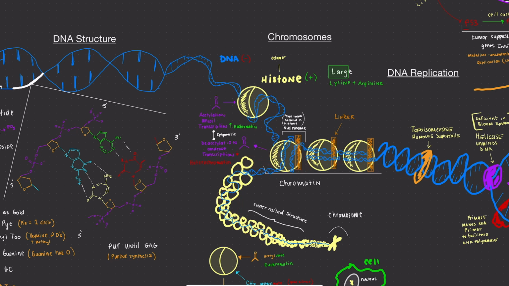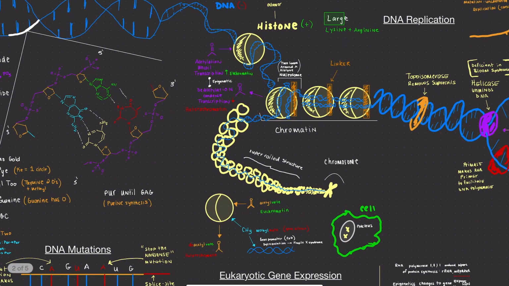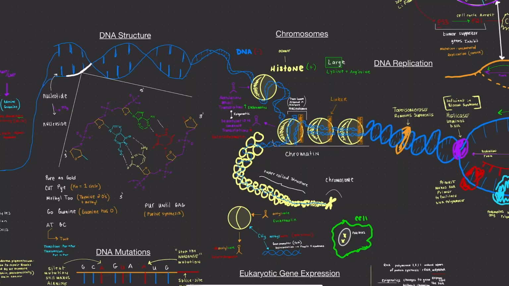We also saw that there are some epigenetic factors, which just means that we are modifying the transcription of the DNA without changing the nucleotides or the structure itself of the DNA. We are just either coiling it so that transcription doesn't take place, or we are uncoiling it so transcription is more likely to take place. And we saw that by either removing acetyl groups or adding methyl groups.